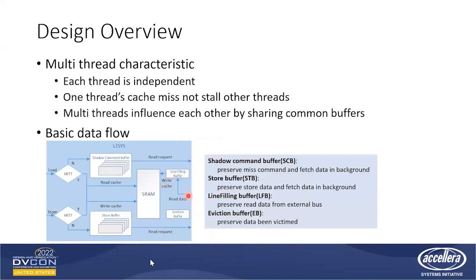And if an eviction happens during the cache update period, the victim data will be written to the external memory through the eviction buffer. These are the behaviors these buffers perform.